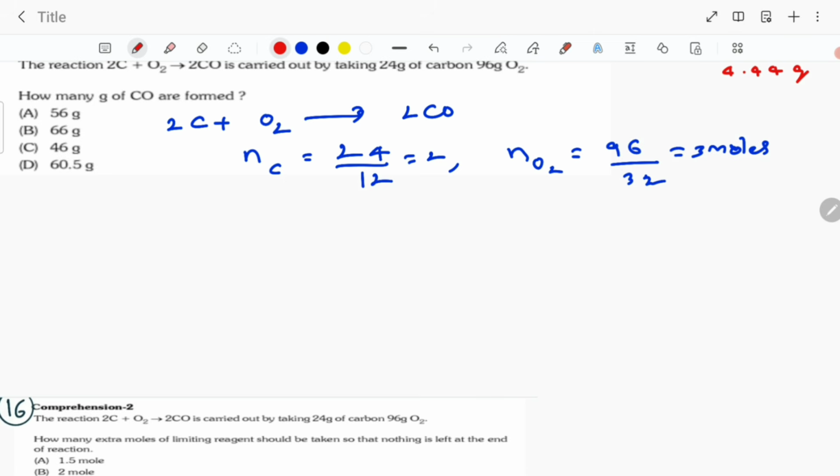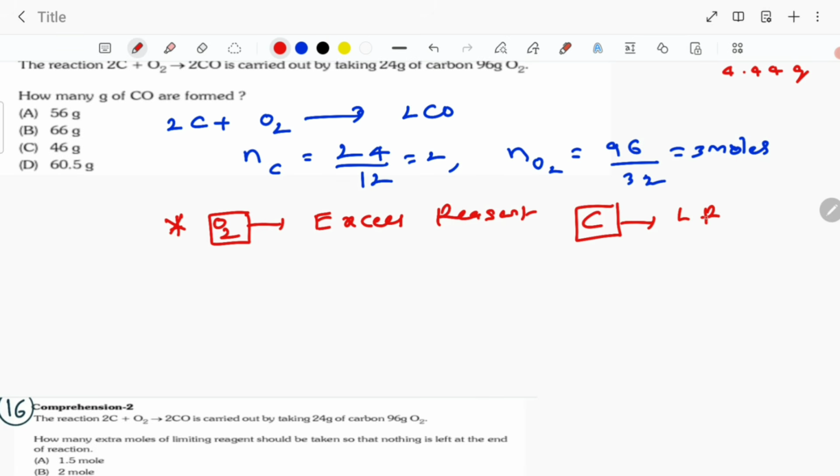In this case, based on the trick we use, given moles per stoichiometric coefficient, whichever has the lowest value is the limiting reagent. So based on the given equation, oxygen is the excess reagent, and carbon is the limiting reagent. The question is how many grams of CO are formed?